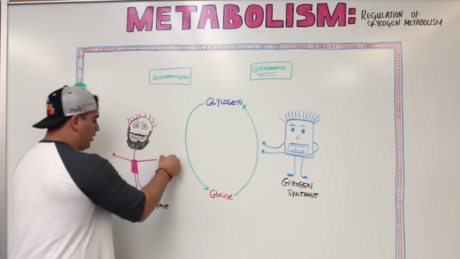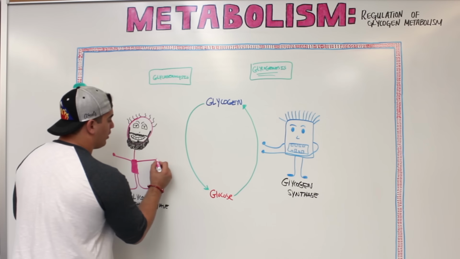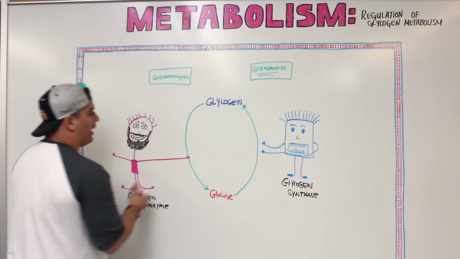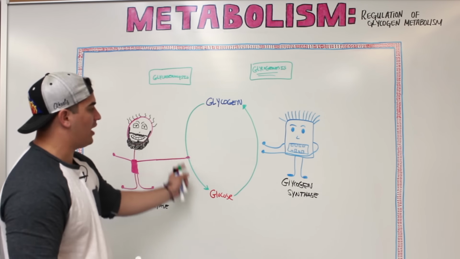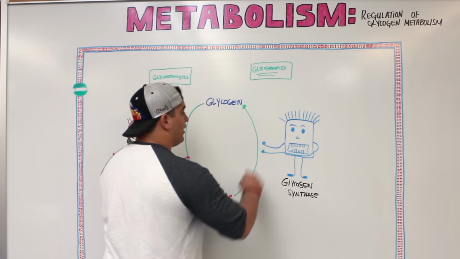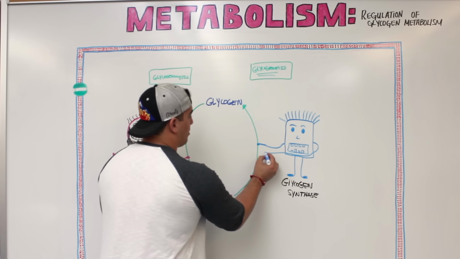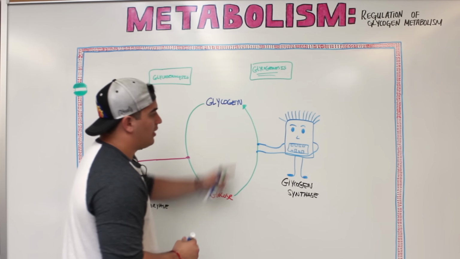If you'll remember, this enzyme, the glycogen phosphorylase, is controlling this step. He's one of the main enzymes involved in breaking the glycogen down into glucose. Whereas this enzyme, the glycogen synthase, was involved in the building up of glycogen. He was responsible for being able to synthesize glycogen.